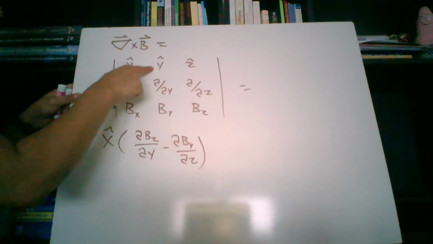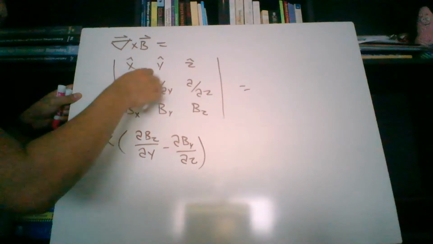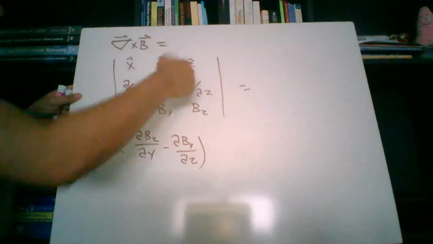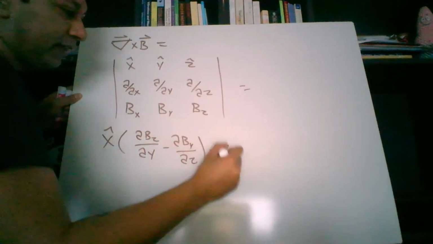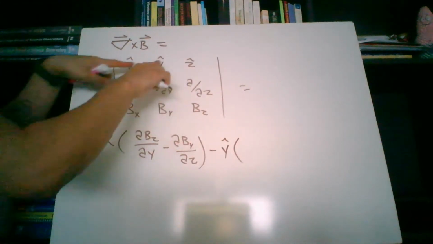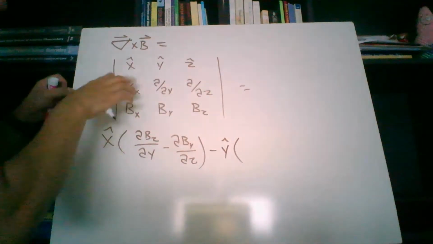And now when you take the y component, this is why I hate doing it this way, but you've got to remember that you have to alternate the signs. So x is positive, y is negative, z is positive again. So we're going to do minus the y component term, and now you hold everything in the y line down, and it's going to be this term and this term. And you do the determinant.